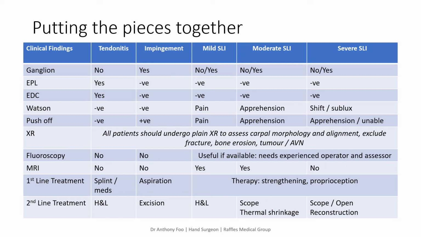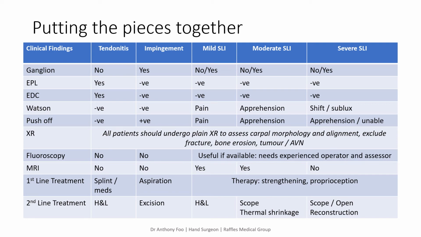This will provide a map of the presence of synovitis, the state of the dorsal radiocarpal and dorsal intercarpal ligaments, as well as the presence of occult ganglion that cannot be detected during physical examination. In all stages of scapholunate instability, I would consider therapy as the first line, with the focus on strengthening and proprioception.